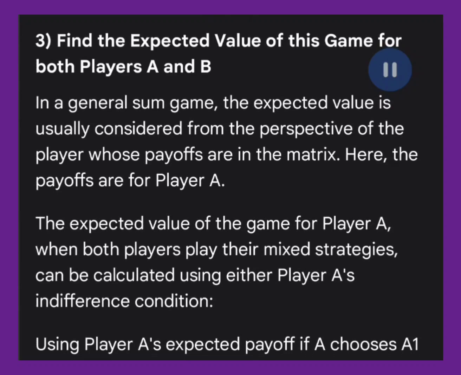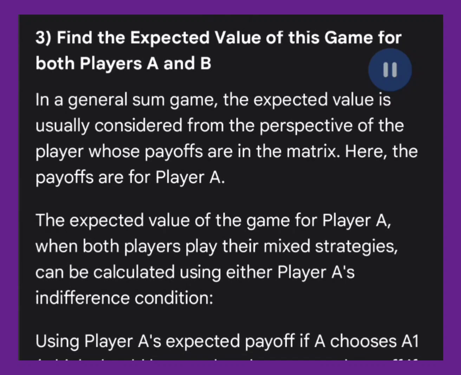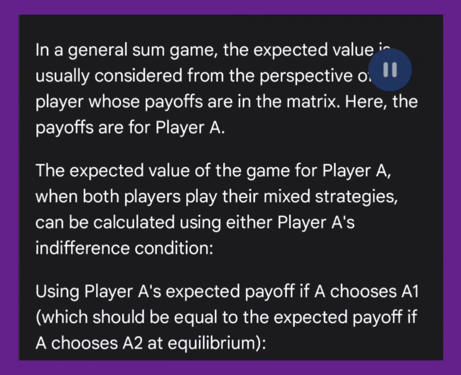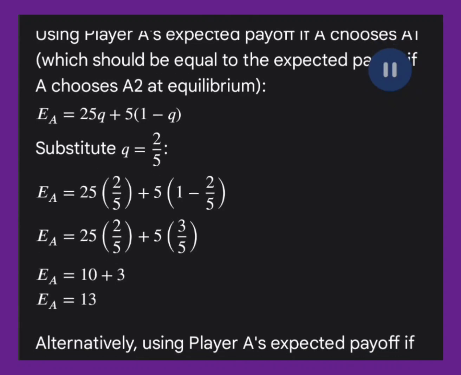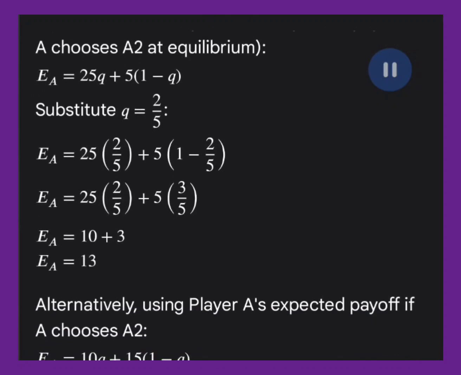In a general sum game, the expected value is usually considered from the perspective of the player whose payoffs are in the matrix. Here, the payoffs are for player A. The expected value of the game for player A when both players play their mixed strategies can be calculated using player A's expected payoff if A chooses A1, which should be equal to the expected payoff if A chooses A2 at equilibrium.